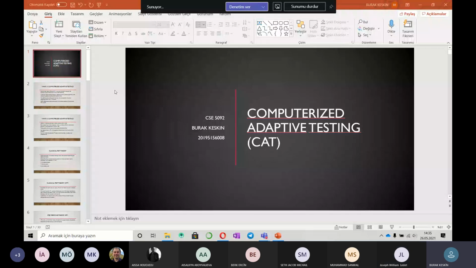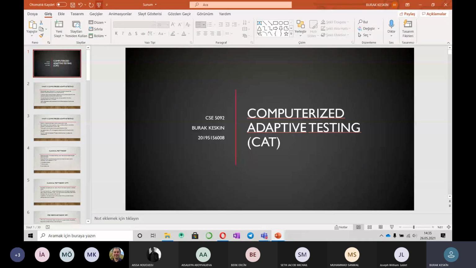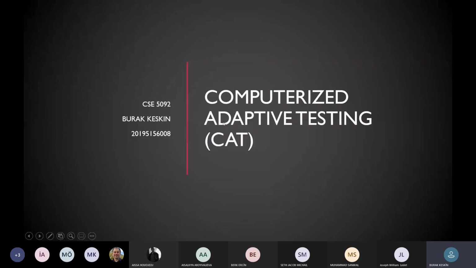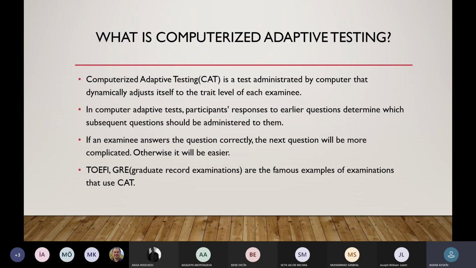Okay, so hi everyone, my name is Burak Keskin and I'm a master student. I'm in my second term. For my research subject, I have chosen computerized adaptive testing. So what is computerized adaptive testing, or in short CAT? It's a test administered by a computer that adjusts itself according to the ability level of each examinee.